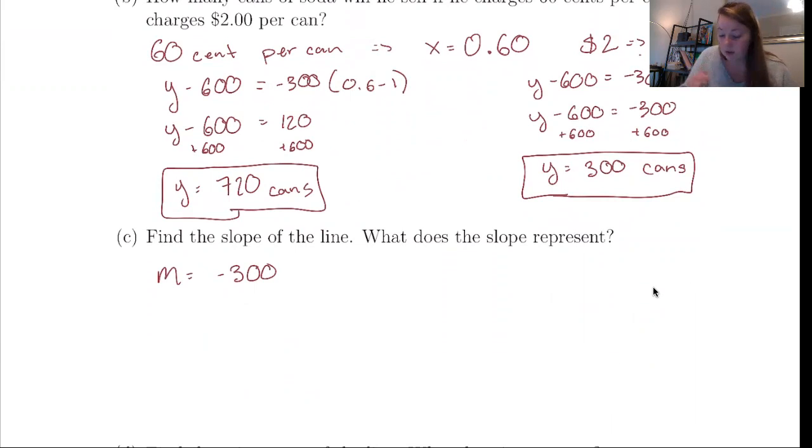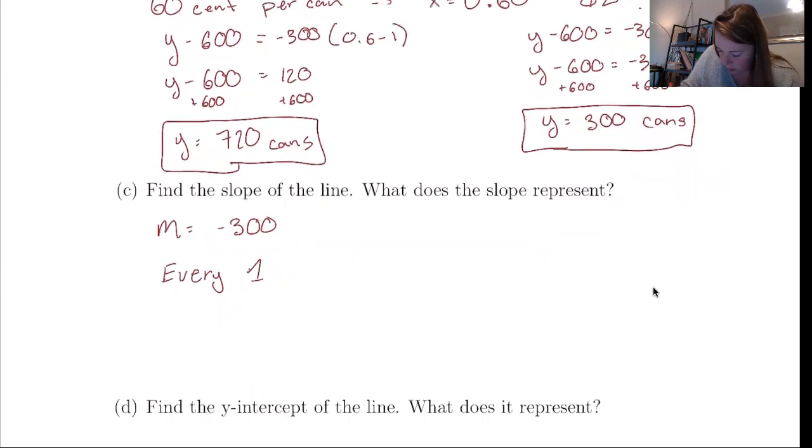So minus 300, let's do every $1, because it's basically negative 300 over 1.